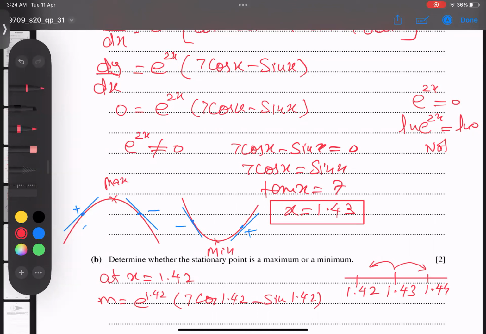This is negative times positive, so a negative answer. So just before I'm getting positive, and just after the point I'm getting negative. So it's a very clear approach: this is a point of maxima. I hope you got the point.